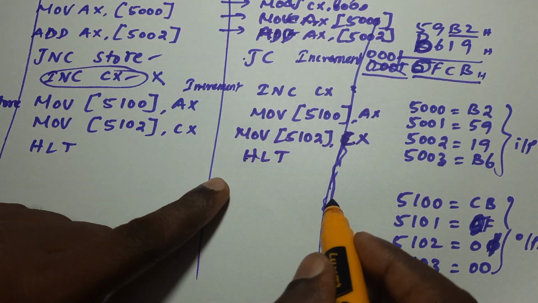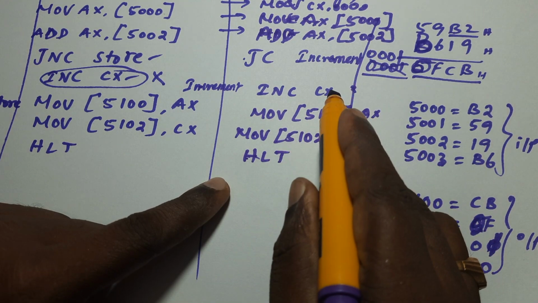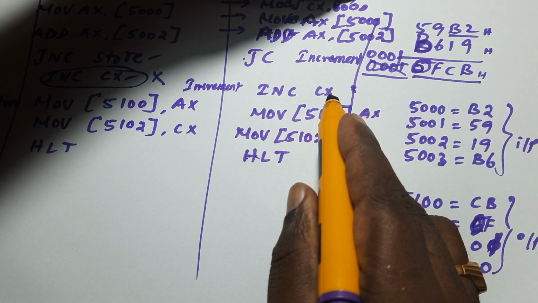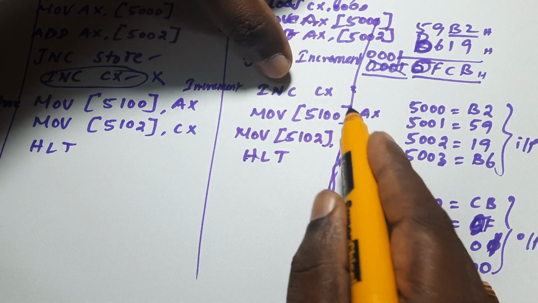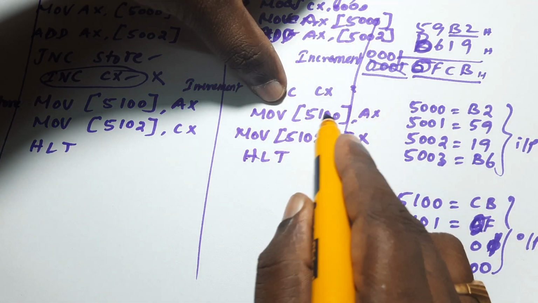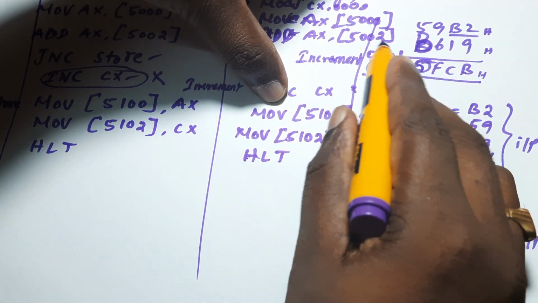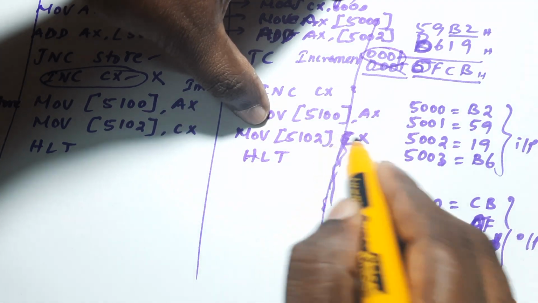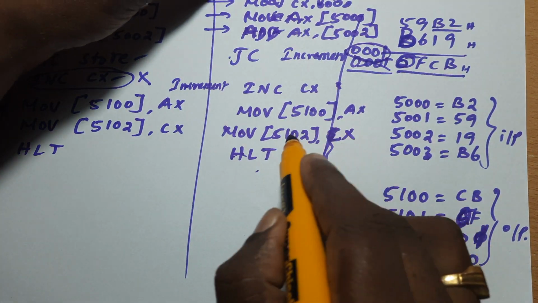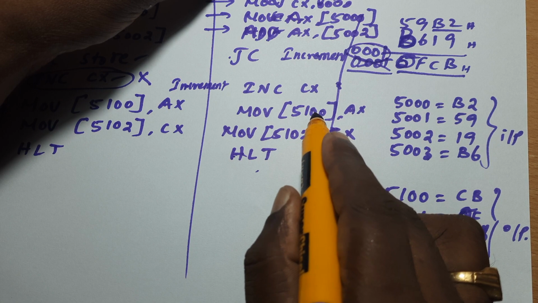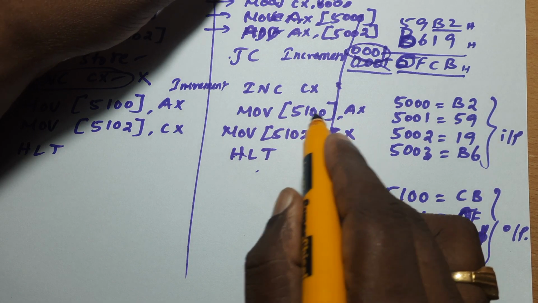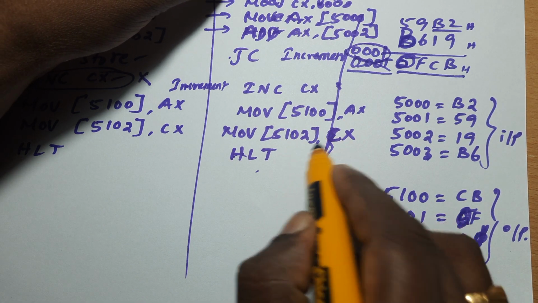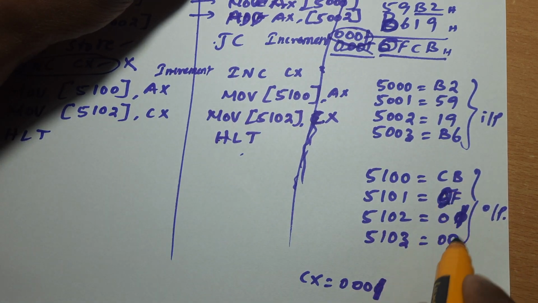This is for the condition if the carry is set. We are incrementing. Initially it was 0 and now it is incremented. This is the AX value. This is the CX value now, and it is stored at 5100 as well as 5102, 5101, 5100, 5101, 5102, 5103. Like this, it has been stored.